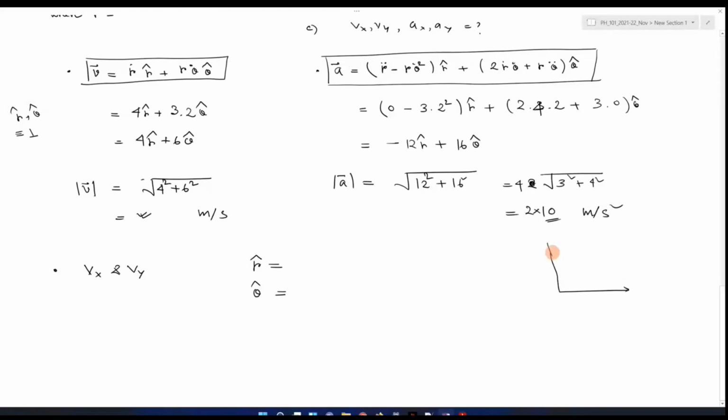This is our Cartesian coordinate system, x, y. Here the particle is at a distance r and angle θ. So r cap will be pointing away from the origin, and θ cap will be along the direction of θ and perpendicular to r cap.